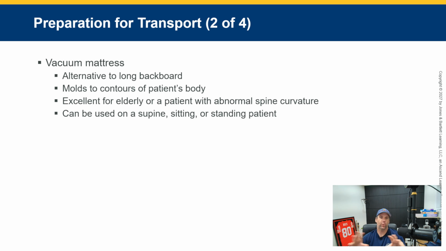And it spreads the pressure more evenly and makes it more comfortable for the patient. Another often overlooked aspect, it provides insulation from the cold. This makes it really useful for older patients, patients with kyphosis, lordosis, scoliosis, more so the lordosis and kyphosis, but it's just abnormal spinal curvature.